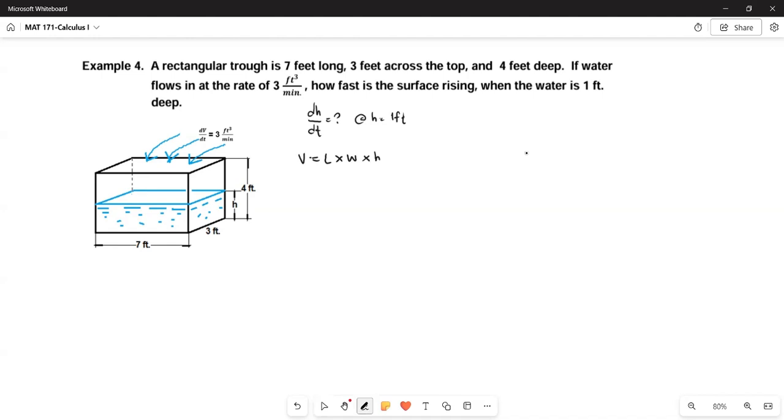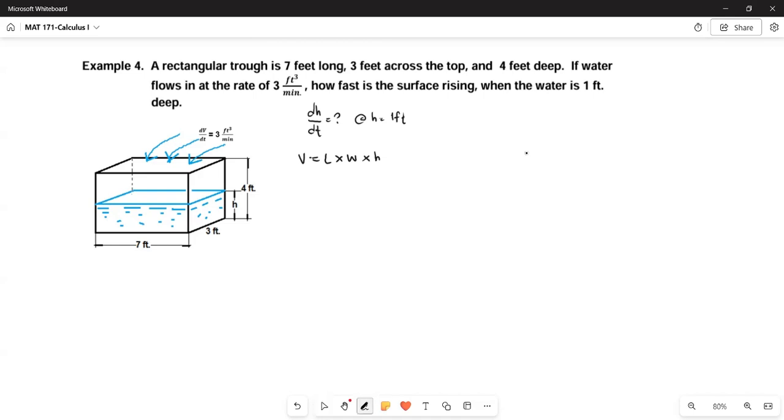Okay. So yung length and width natin na 7 and 3, yun ay constant. Hindi siya variable, meaning hindi na siya magbabago through time. Well, on the other side, yung volume natin is nagbabago dahil meron tayong rate of change when it comes sa flow ng water papuntang rectangular trough. As well as h is nagbabago through time dahil nga sinasalina ng tubig yung rectangular trough.